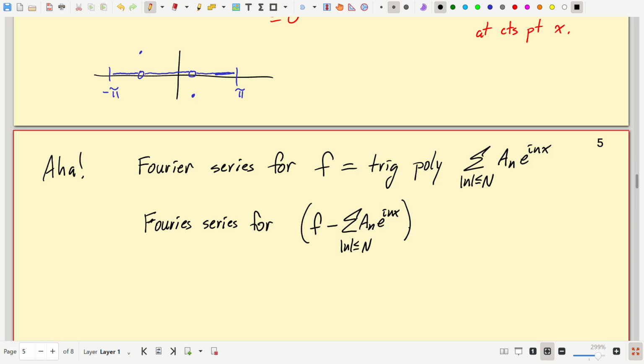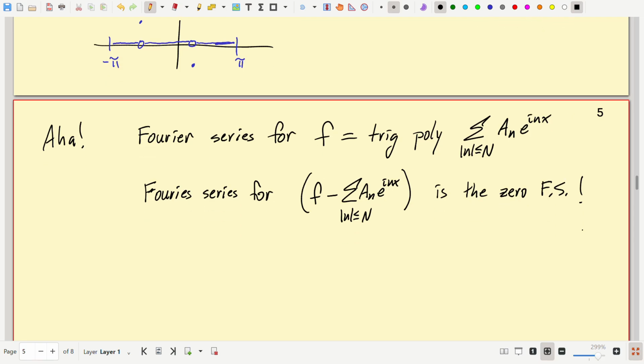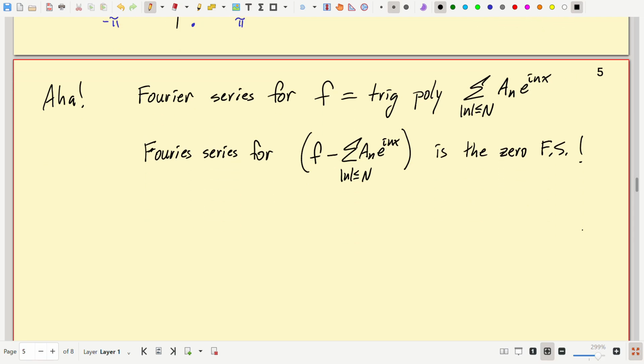So if I subtract the trig polynomial that's the Fourier series, then I'm going to get something that has 0 Fourier series. So the Fourier series for this are all 0 terms. It is the 0 series, the 0 Fourier series. And so I can apply that previous fact. If the Fourier series is 0, then the function has to be 0 where it's continuous.